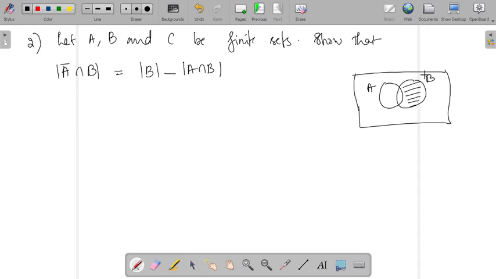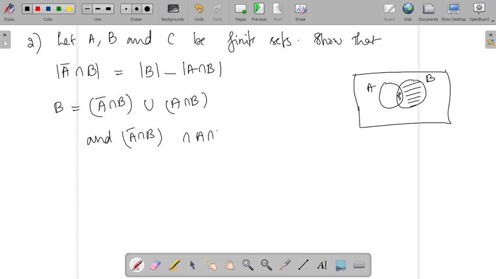Now let me start with B. So B can be written as A complement intersection B union A intersection B. And A complement intersection B intersection A intersection B, as you can see from the figure, is an empty set.